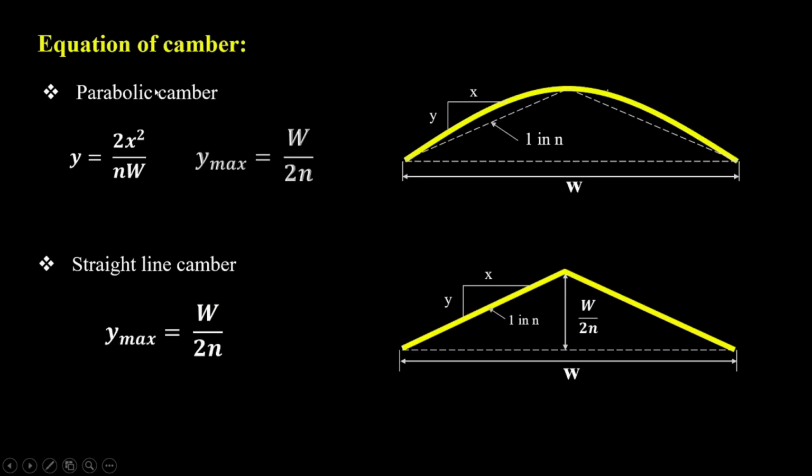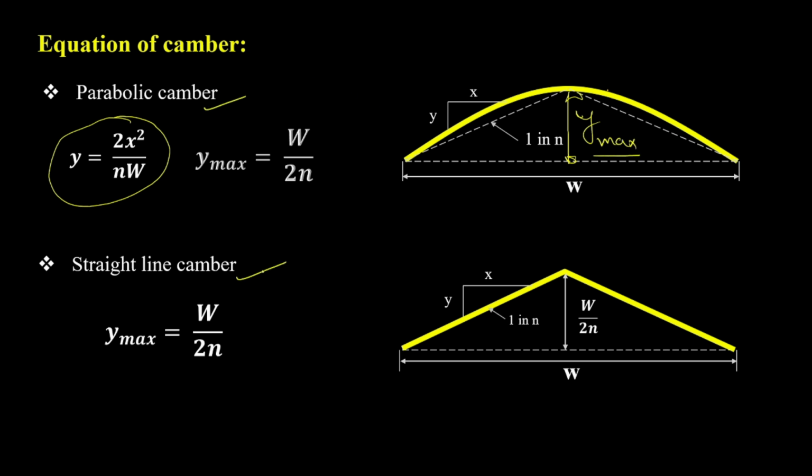We are not going to show you what the parabolic equation is or how it came about, but how we can calculate this height y, how much it should be. So this y max, how we can calculate for different conditions like parabolic and straight line.